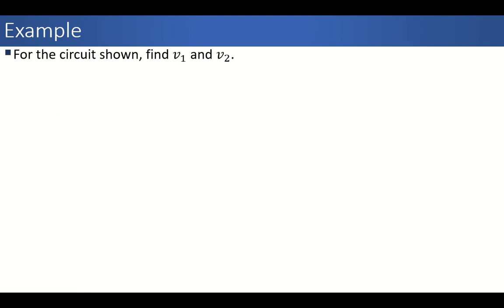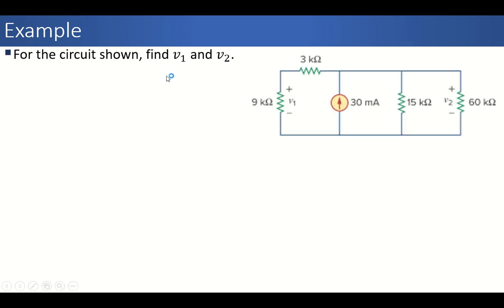Let's see another example. For the circuit shown, find V naught, and in fact V1 and V2. This is actually a series and parallel combination circuit. The total current provided by this current source is 30 milliampere.